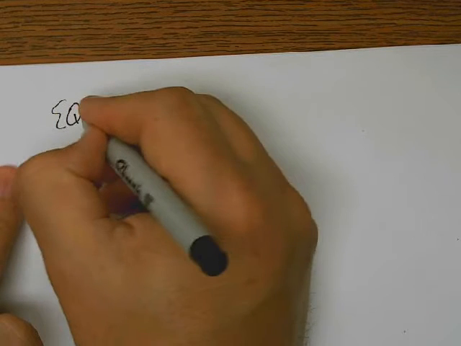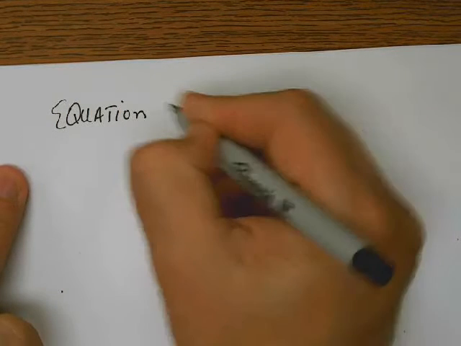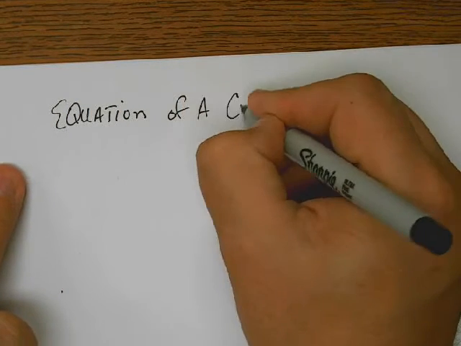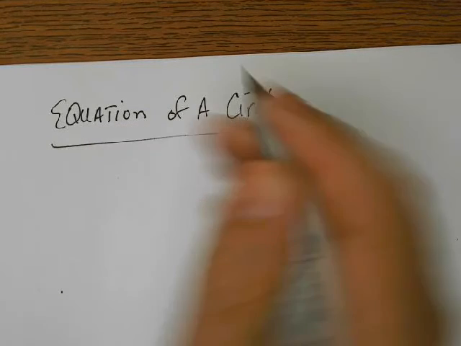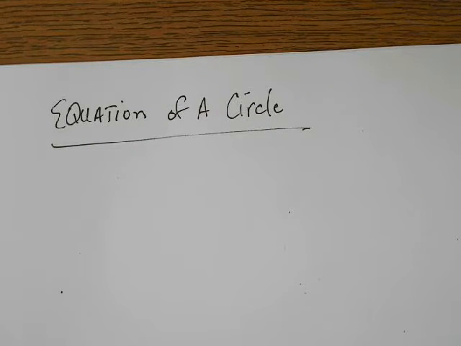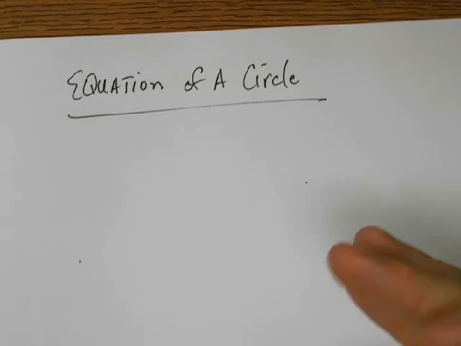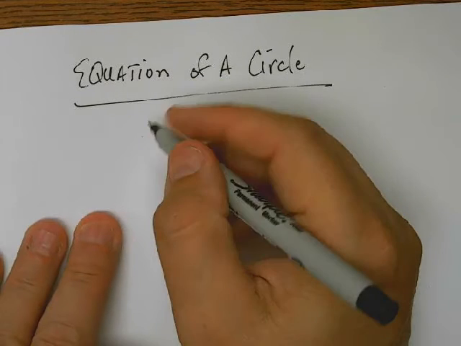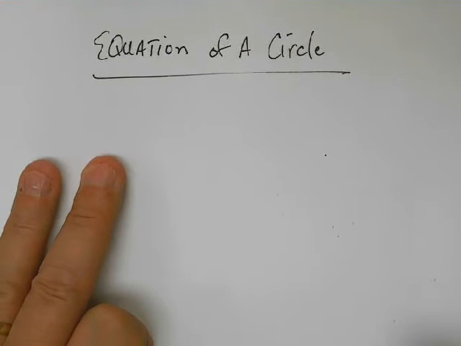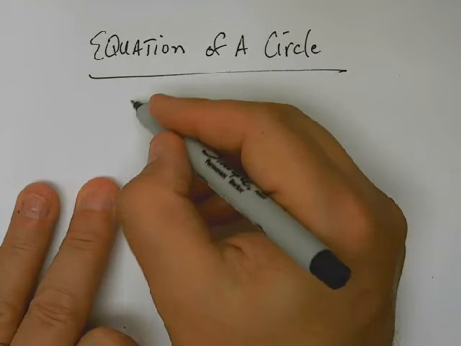All right, so a quick review, equation of a circle. This is what we talked about on Friday. We really need to review how to complete the square. Here's the equation of a circle.